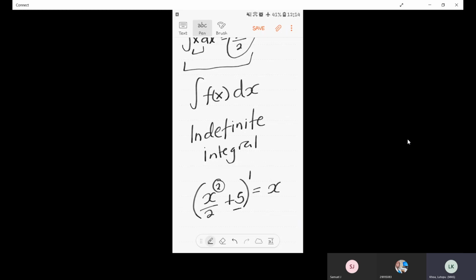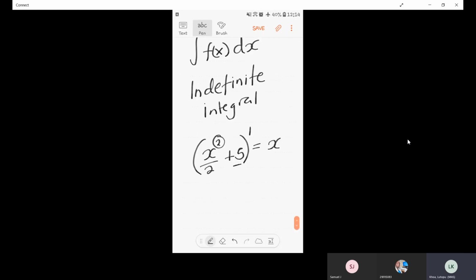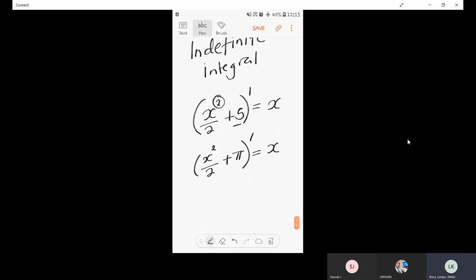So I'll have x plus 0, which is equal to x. And another person will say, even if I have this plus pi, the derivative of that is also equal to x. And another person could come up with something like that. The derivative is also equal to x, and they are all correct.